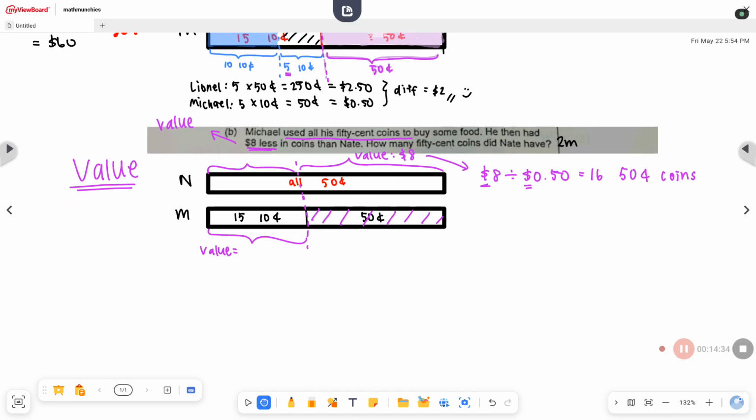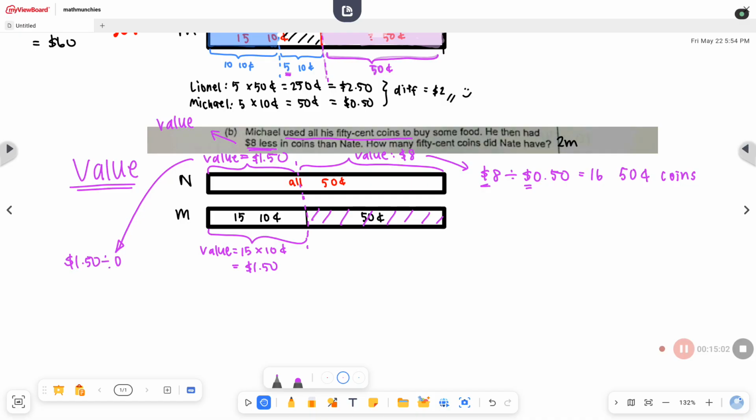Oh, you get that? 15 times 10 cents, right? Which is $1.50. That means that the value here is also $1.50. And with this value, this model is all what kind of coins? 50-cent coins. So if I know the value is $1.50, that means that what can I do?